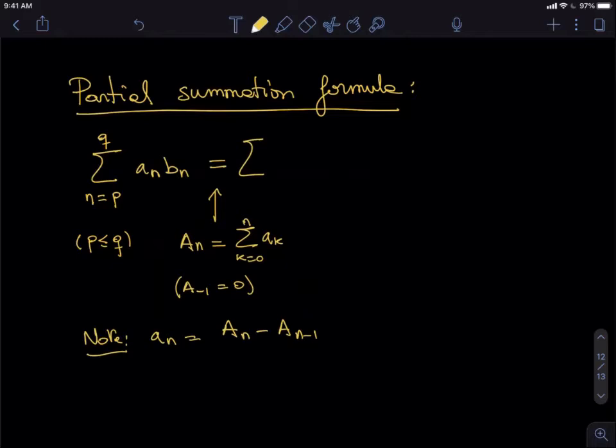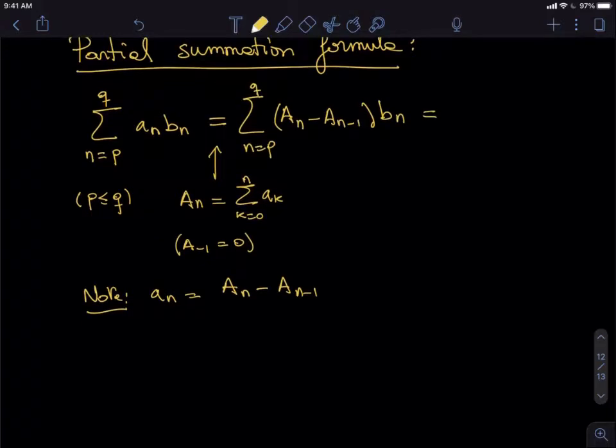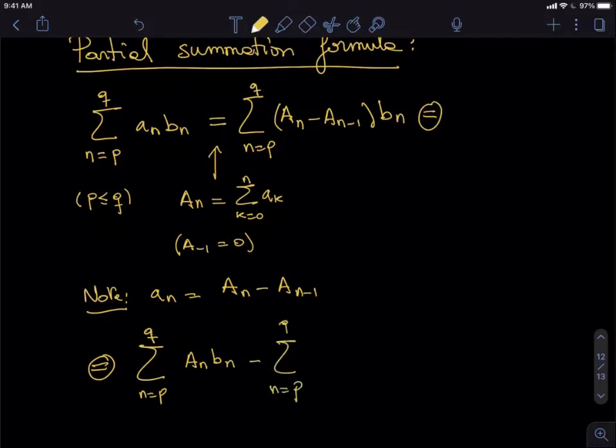This is the key trick, because then we can write a_n with this, in this fancy way, times b_n, sum n equal p to q, and now it's just a manipulation. Let's continue over here. There is only one thing we can do right now, so it's distributing: sum n equal p to q, A_n b_n minus A_{n-1} b_n.